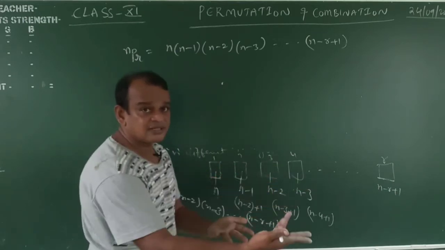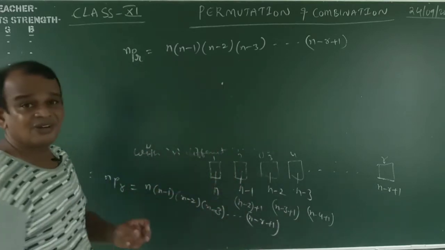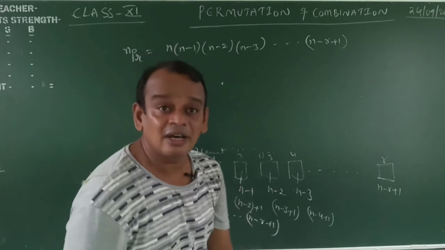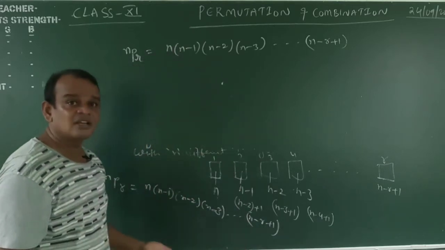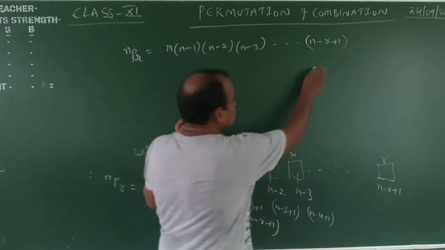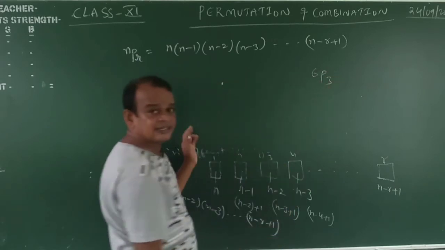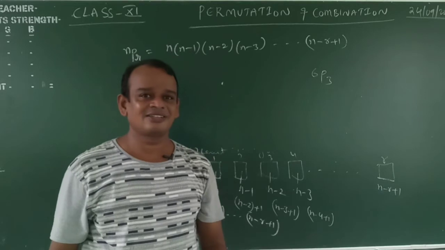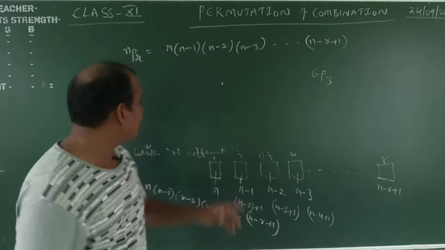Product of the R boxes means how many factors does this have? NPR contains R factors. NPR contains how many factors? R factors. Observe that. For suppose 6p3 contains how many factors? 3 factors. 3 factors. Here observe that.